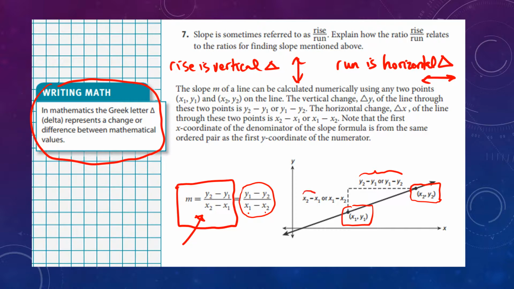And the same thing for the horizontal change, the change in x. The x-axis is horizontal, the y-axis is vertical, and you're going to find the change in y over the change in x. Making sure that you start with the same coordinate is really important, or we'll have sign errors in our answer. So we'll go through some of those.